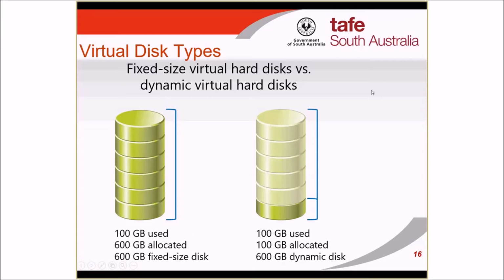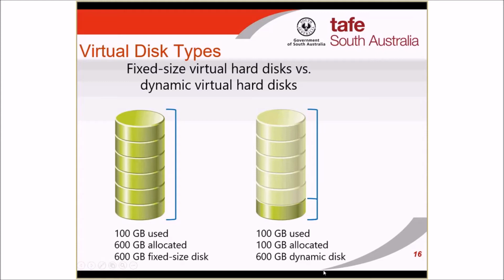A dynamic disk is where we don't allocate disk space straight away. We might give a virtual machine a 600 gig disk, but because we're only using 100 gigs of it at this point in time, the size of the disk is only 100 gigs, even though 600 gigs is allocated.